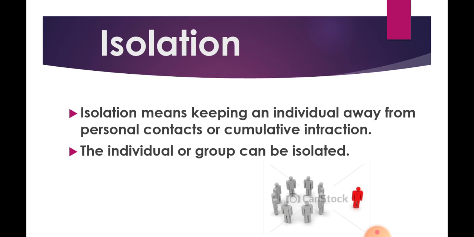For an individual, we can easily see this when one person suffers from coronavirus, they may be isolated from his family, society and community. For groups, we previously saw that lower caste people were isolated from higher caste people; they could not eat, touch and sit with each other.